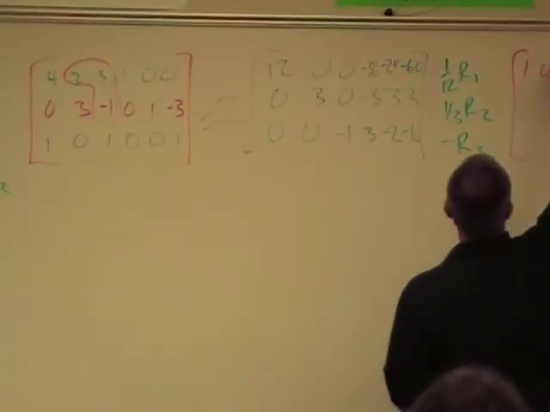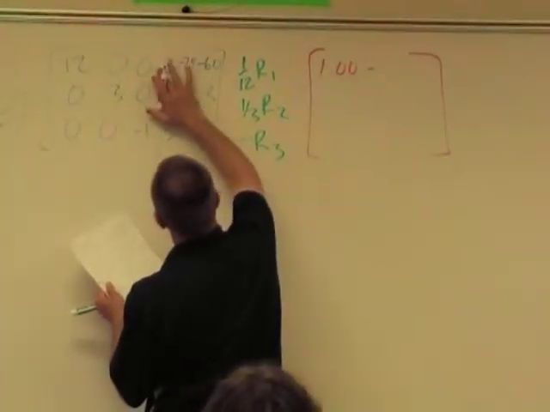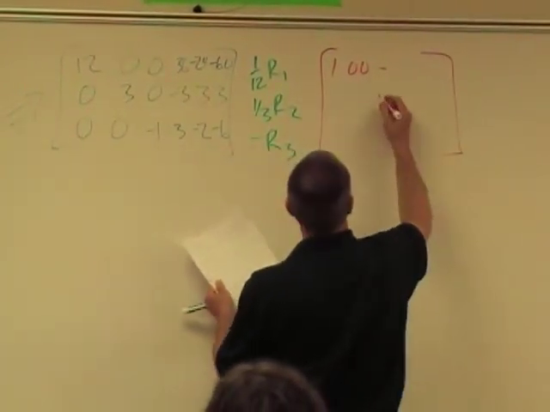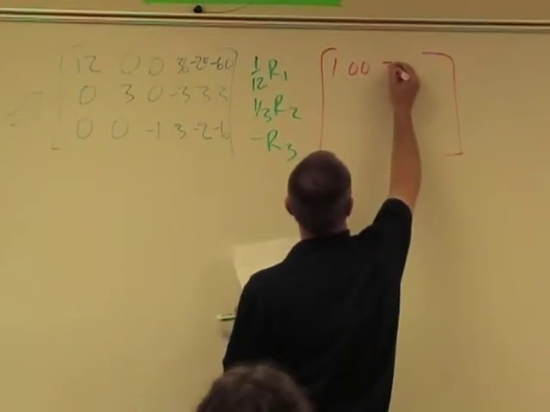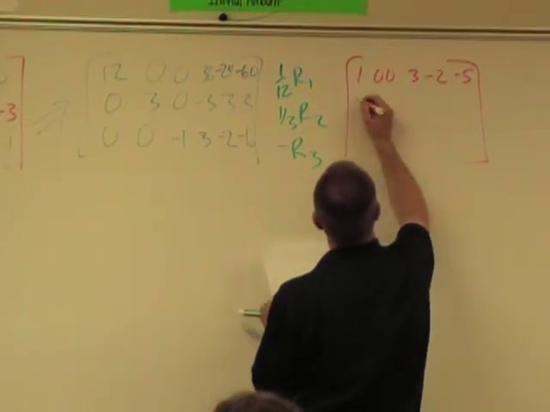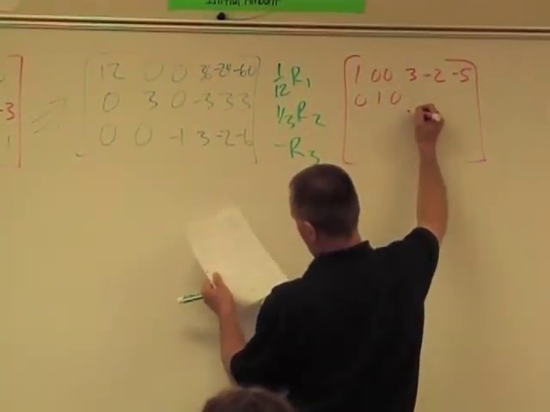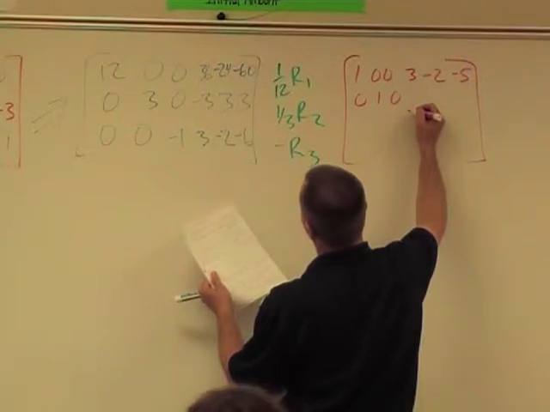So we got 1, 0, 0, positive 3, negative 2, negative 5. And then we had 0, 1, 0, and that's negative 1, 1, 1.